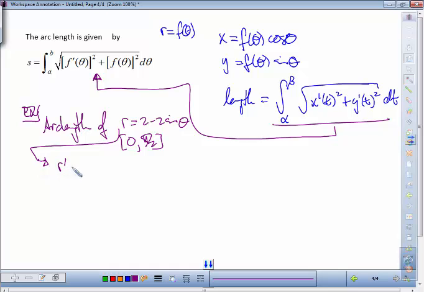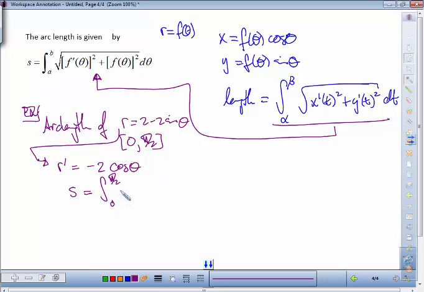We need r prime. That's going to give us your f prime of theta is equal to constant, and then the derivative of sine is cosine. That remains positive, so the negative outside of that will stay. So then the length here, we'll call it s, is equal to the integral from 0 to pi over 2.